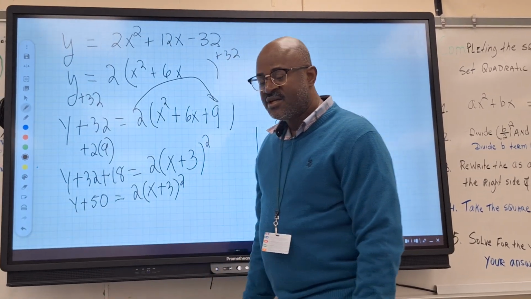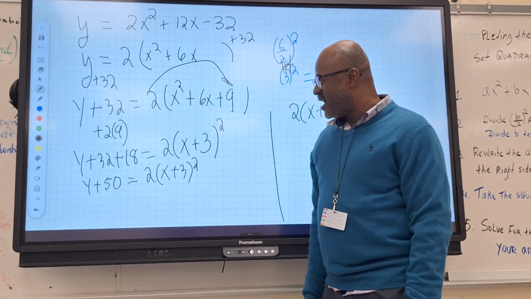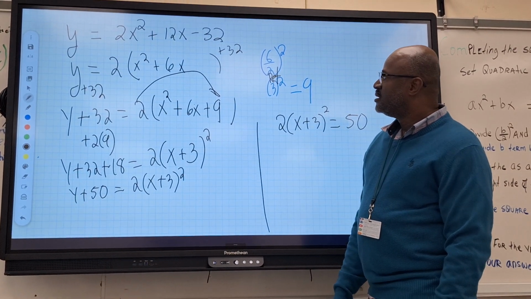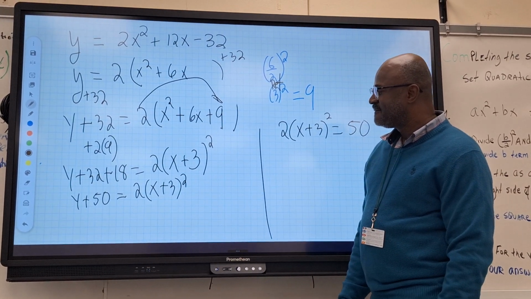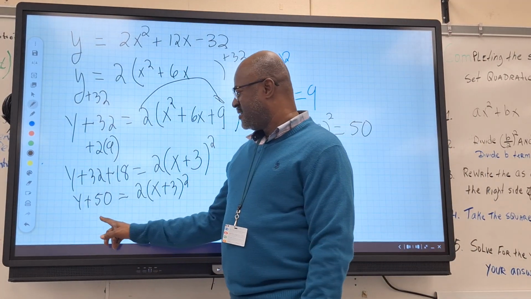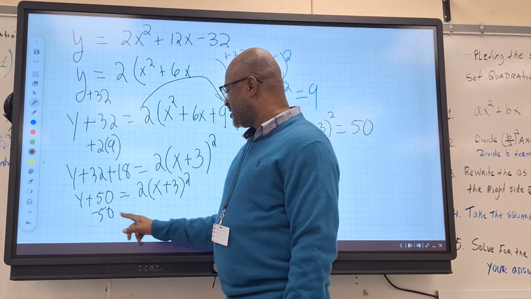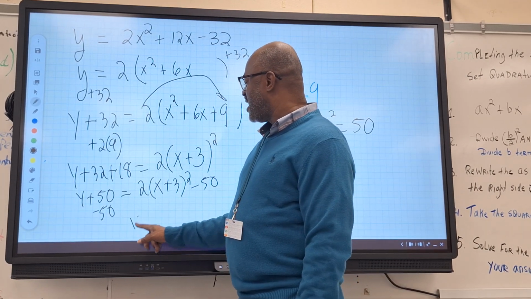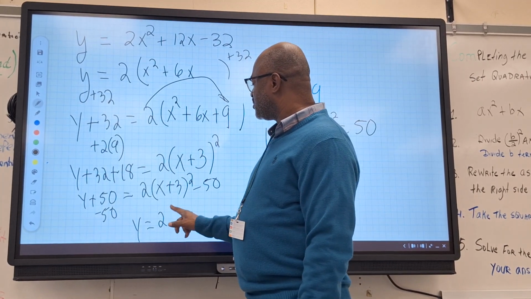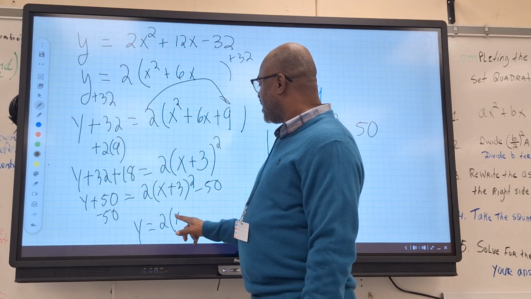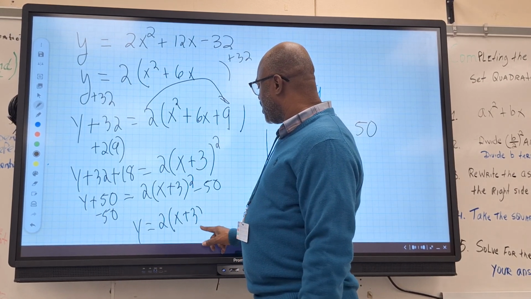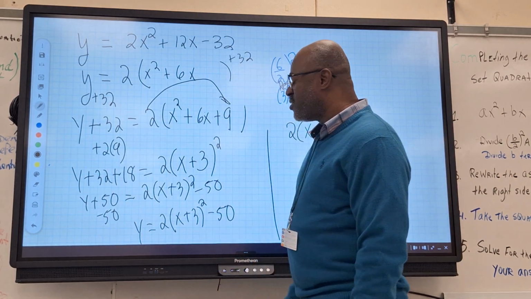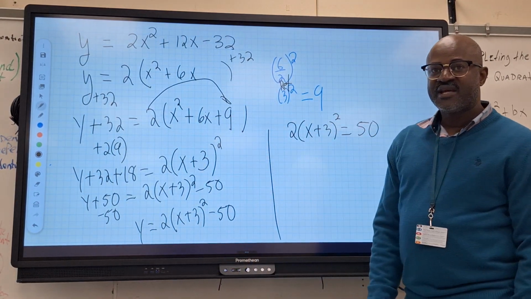So in this case, we're going to solve for y. How will you solve for y? You subtract 50 from each side. Then you will have y equal 2 times x plus 3 squared minus 50. Then your equation is in vertex form.